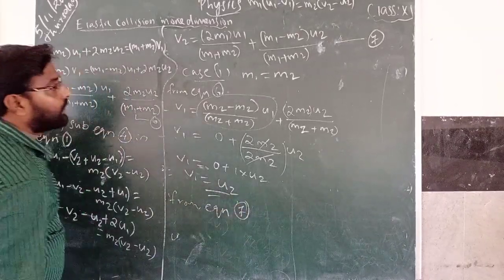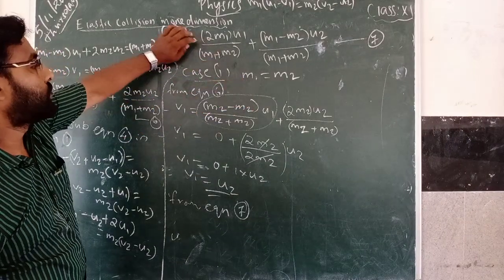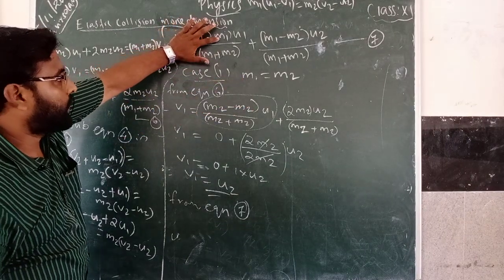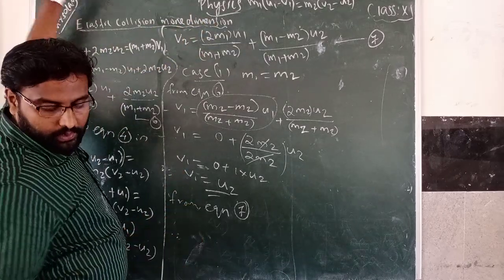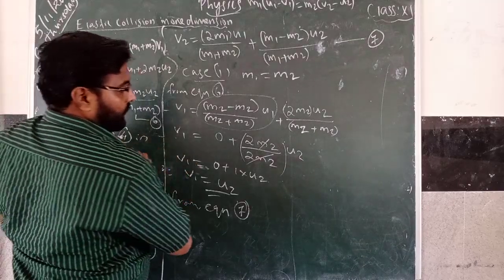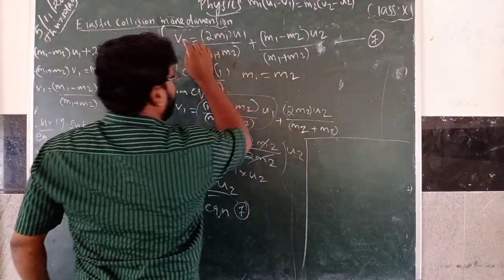Equation 7, same case, M1 is equal to M2. So instead of M1, M2. So what will come here? Listen here.